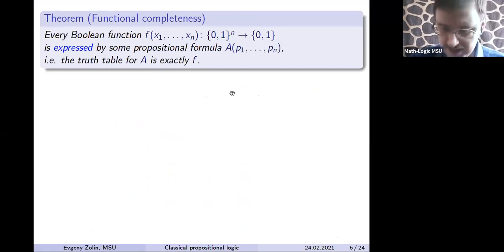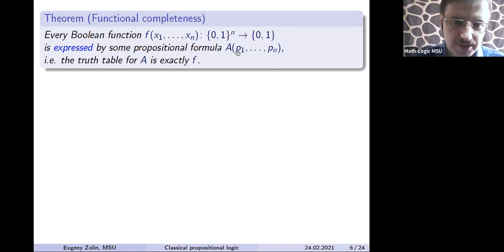Let us recall this important notion and result. So if we have a function with n arguments from 0, 1 to 0 and 1, they are called Boolean function. Then we can say that some formula A expresses this function.